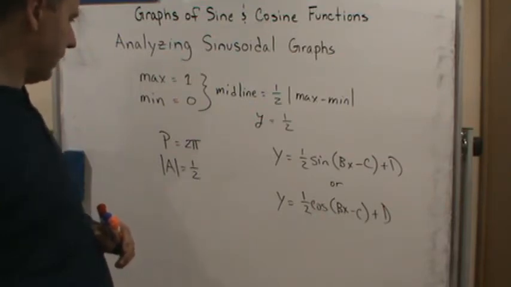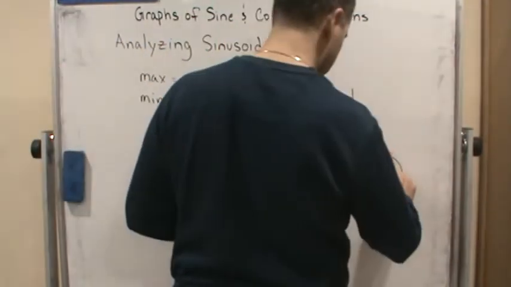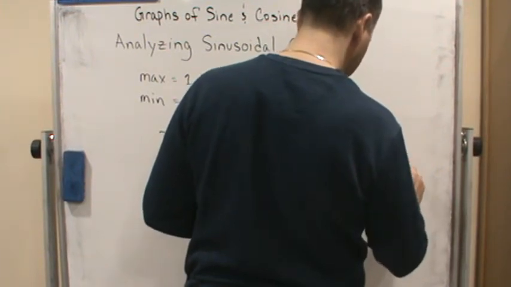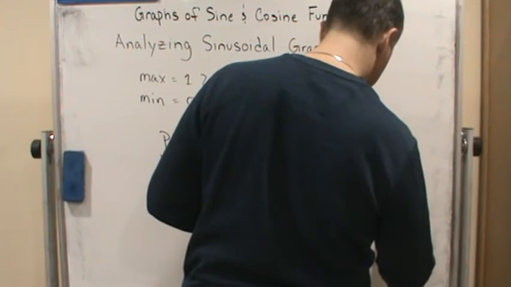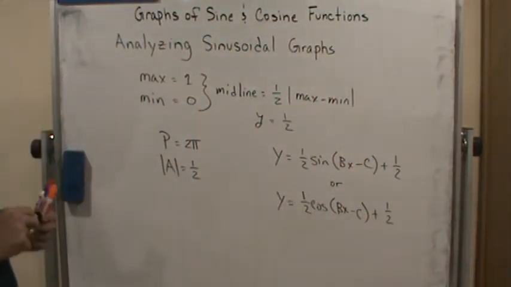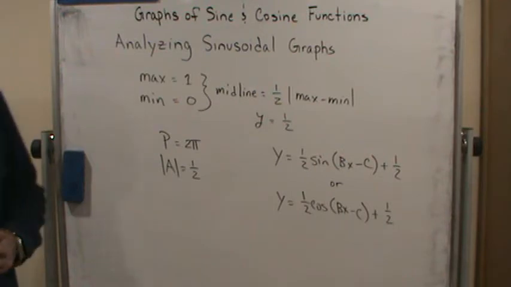So the midline is at 1/2, so we know D is 1/2. Right? Now, since the period is 2 pi, what does that tell us?